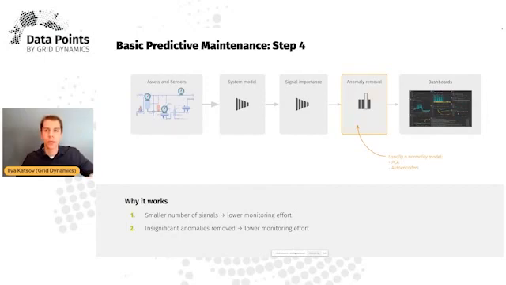These types of anomalies can be removed using standard techniques such as PCA or autoencoders, to essentially clean up the metrics that were prepared using the techniques I just talked about in the previous stages, and produce cleaner signals that are easier to monitor. All these techniques in combination help to reduce the number of signals, so that monitoring effort can be reduced, and they also help to reduce insignificant anomalies, making the monitoring job easier compared to monitoring of the raw signals.